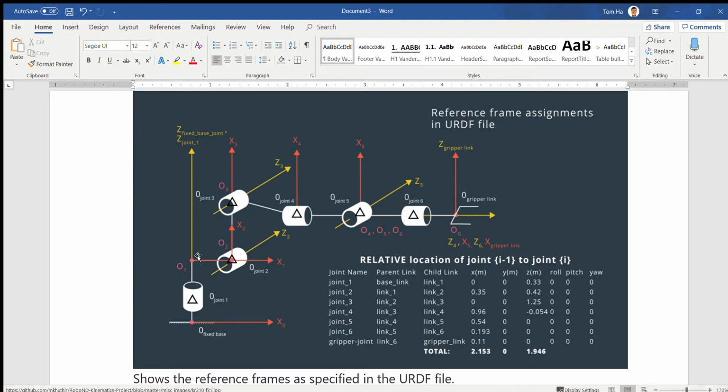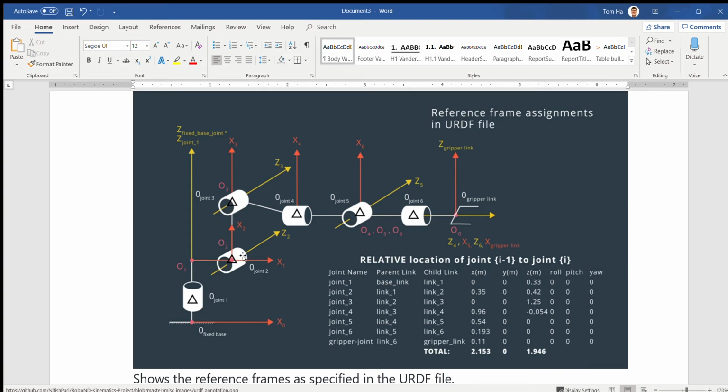Similarly we go to joint 2. Joint 2 moves to x 0.35 and goes up to 0.42, right here to here.